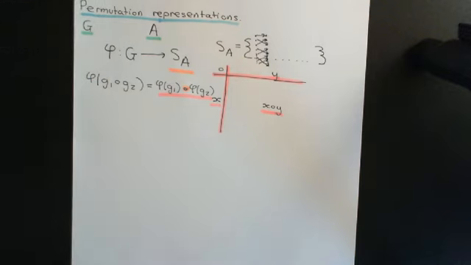Okay, so the first way that we'll go then is we'll go from a group action to a permutation representation, and then we'll show that you can go from a permutation representation to a group action. Okay, so let's start off with a group action then, and we will now try and define a permutation representation from it.